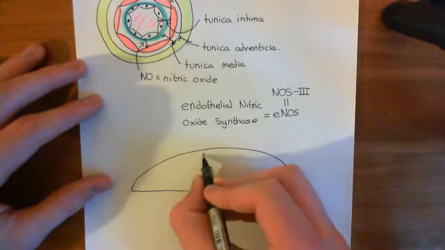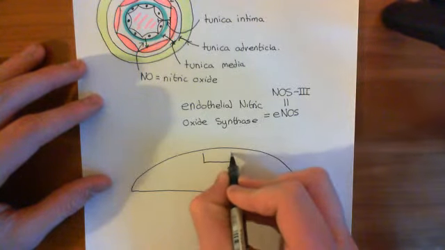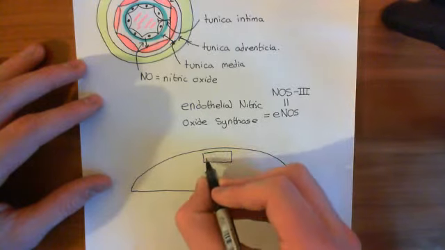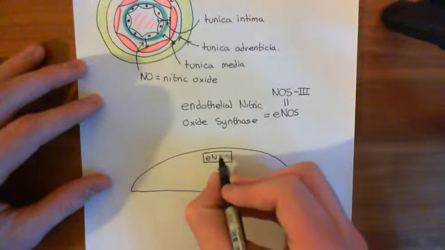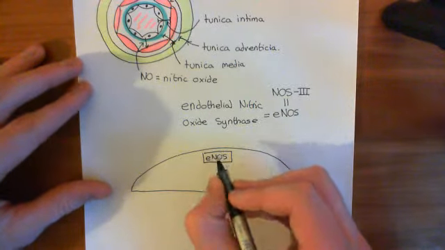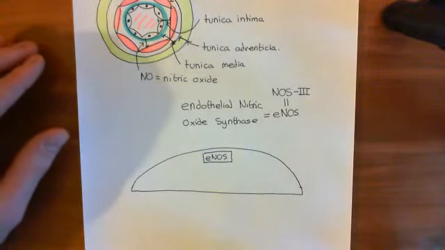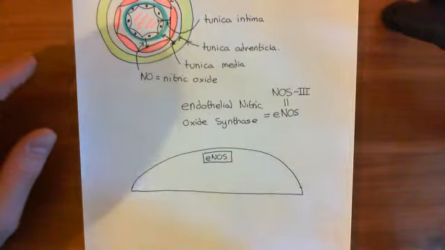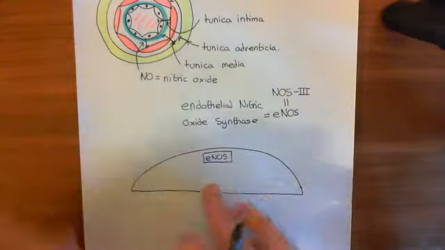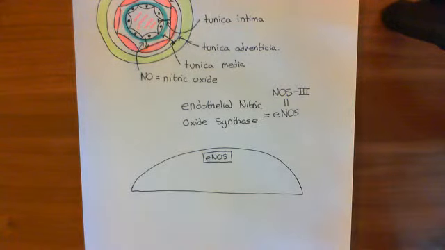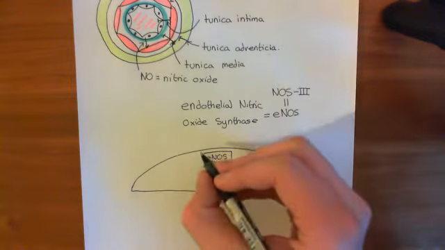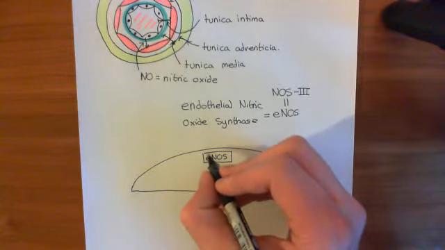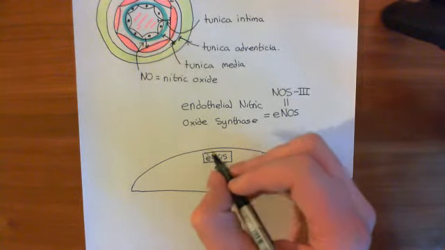So here is our eNOS enzyme, drawn as a box here, and it's anchored to the membrane of the endothelial cell. Okay, and the way that you achieve this feat, that it is anchored in the membrane, is that you add palmitoyl and myristoyl groups onto it.